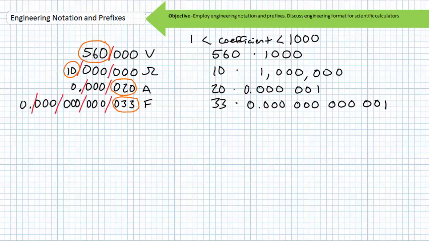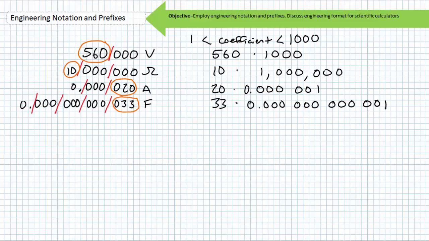Finally, 0.00000000033 is actually 33 times 0.0000000000001, or 1 trillionth. The coefficient 33 is less than 1,000 and greater than 1. Again, we're multiplying the coefficient times the power of 10, in this case a trillionth.